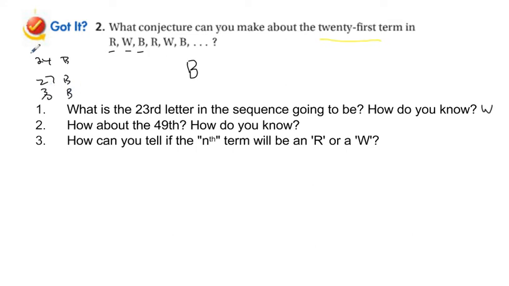Well, that's interesting. What do all these numbers have in common? As you may have already seen, each one of these numbers is divisible by 3. When would you get an R?